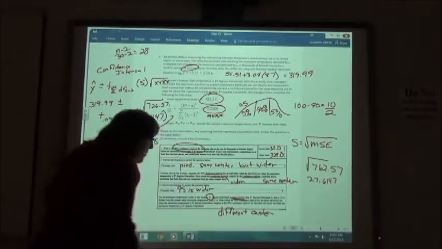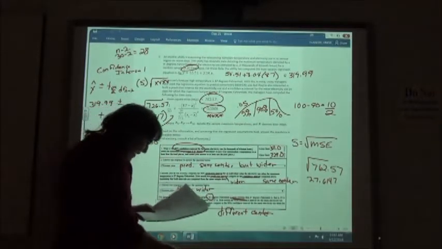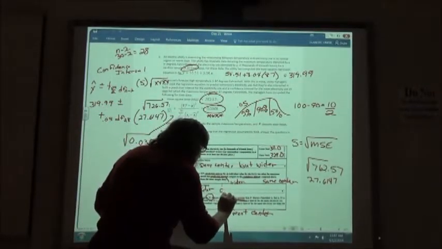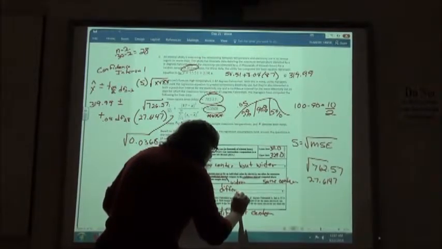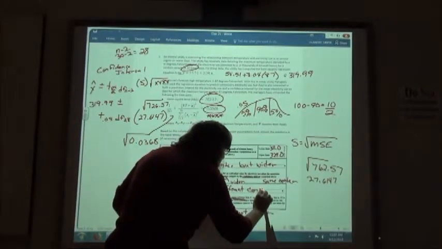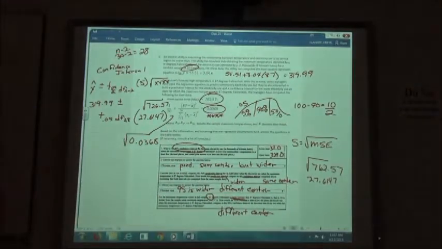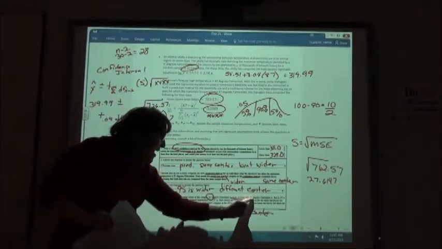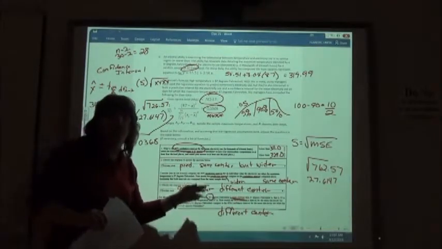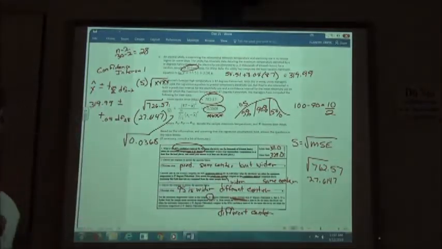It's more extreme, but it's going to have a different center. Sometimes they switch those around and say it's a different center and is wider, but those two ideas will be in there somewhere. If they would have started off with the 87, it would have been narrower, but you still would have had a different center.